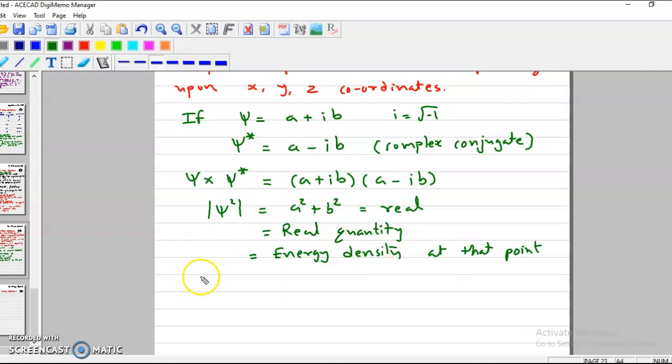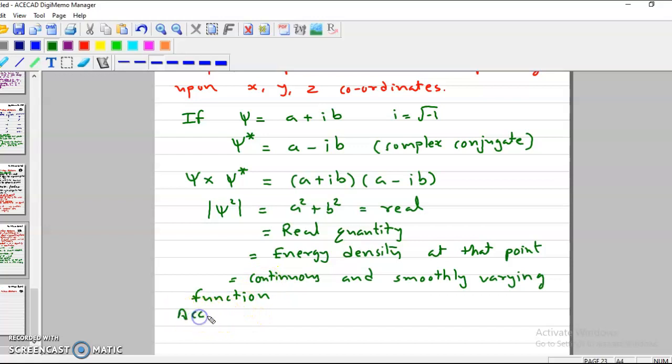So psi square is a continuous and smoothly varying function, whereas energy is discontinuous in nature. To get around this difficulty, Schrodinger suggested that psi square at any point may be taken as the probability density.